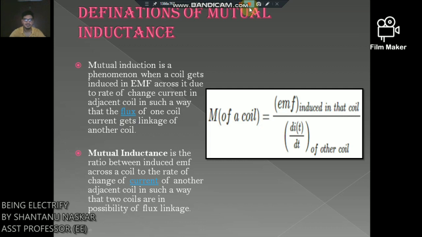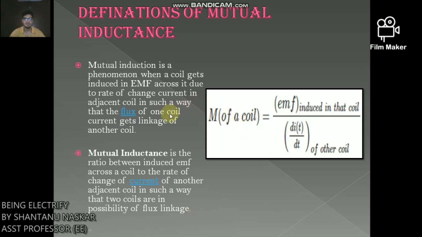Now come to the next slide, which is the definition of mutual inductance. So what is mutual inductance? Mutual inductance is a phenomenon when a coil gets an EMF induced across it due to the rate of change of current in an adjacent coil, in such a way that the flux of one coil's current gets linkage with another coil.